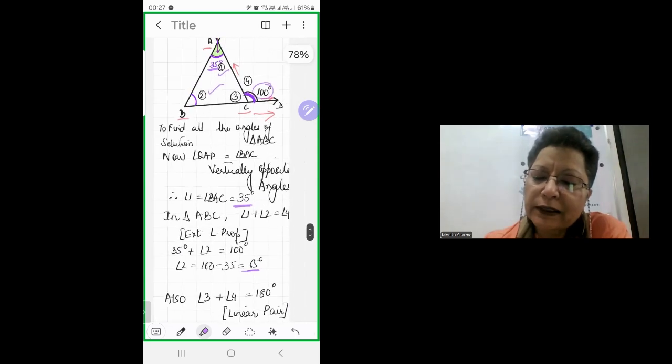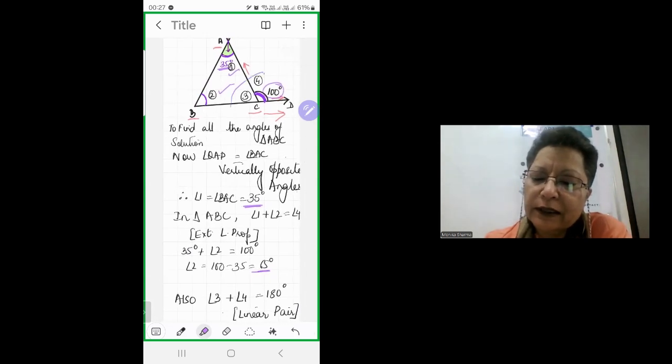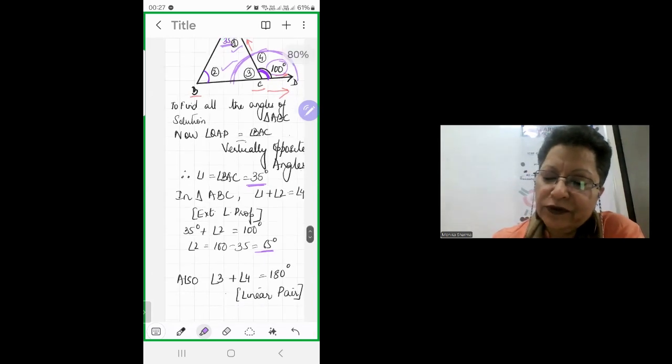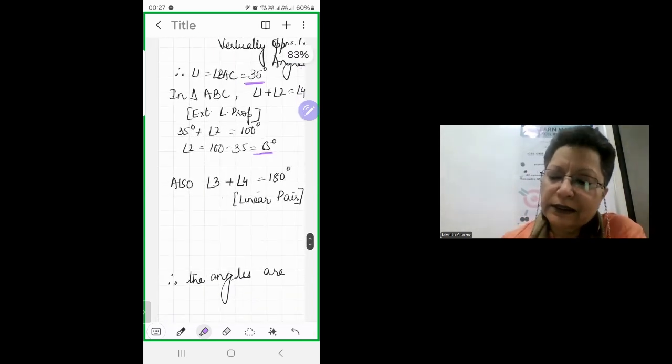Can you see the 4 and the 3 here? They together form a linear pair. And so if 4 is 100, what is 3 going to be? Let's just see. 3 plus 4 is 180.